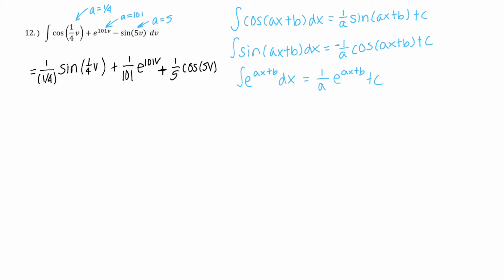Cosine 5v plus c. And I'm just going to simplify this 1 over 1/4 to 4 sine of 1/4 v plus 1 over 101 e to the 101 v plus 1/5 cosine 5v plus c.